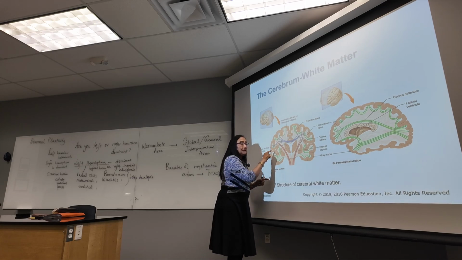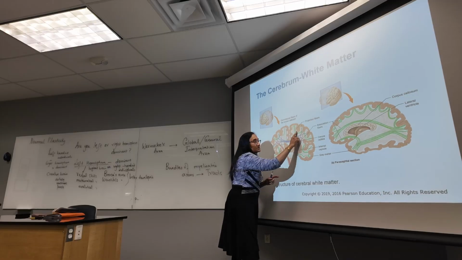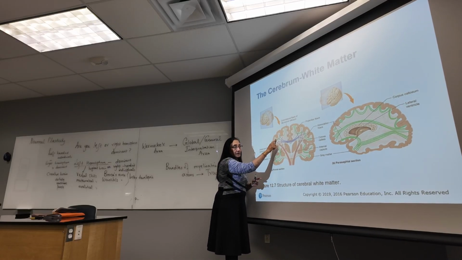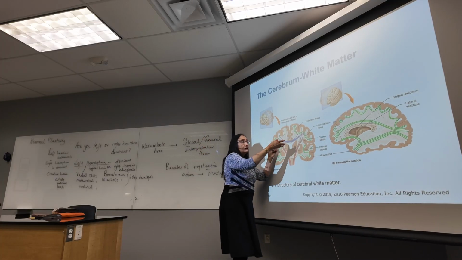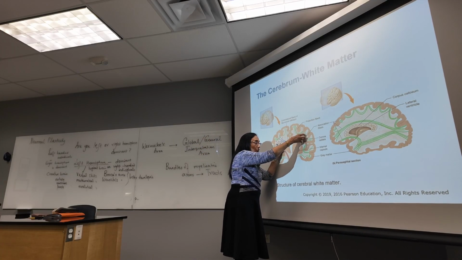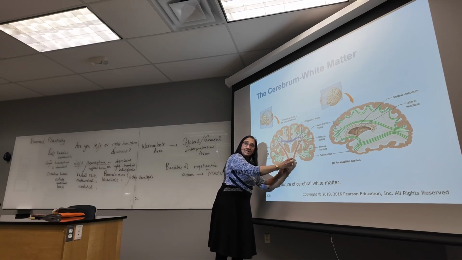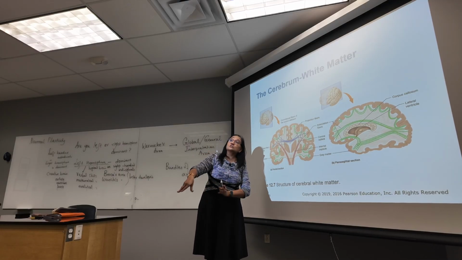You're going to see white matter that is connecting the neurons in the same cerebral hemisphere, the one that you see in green here. And you're also going to see myelinated axons that go down through the thalamus and the midbrain and brainstem to the spinal cord.